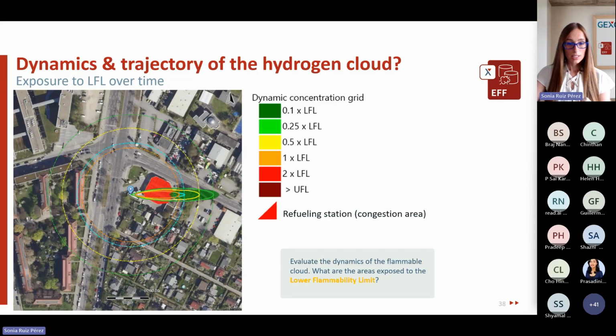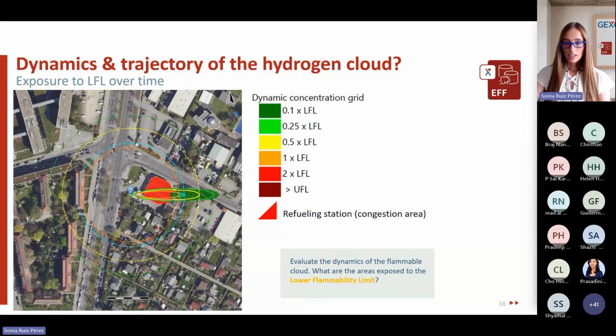Here we see the extent of the LFL, which is the lowest concentration at which hydrogen can ignite, which happens to occur right within the dimensions of the regular refueling station. So the LFL contour is the orange one. If we look at the presentation again, we see the LFL limits, the orange shaded contour, and its extent passes right through and across the regular refueling station.